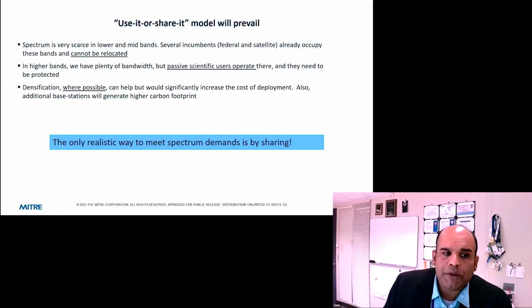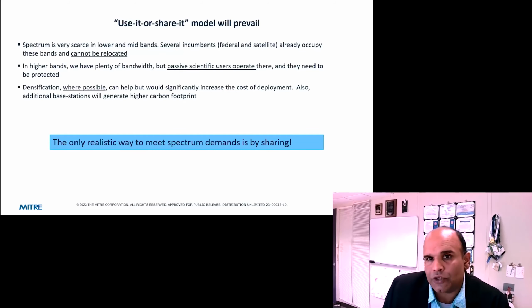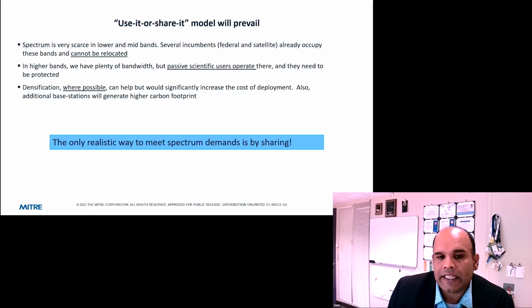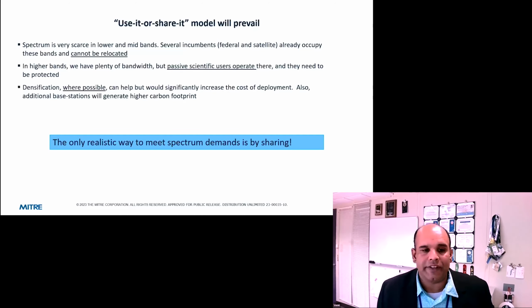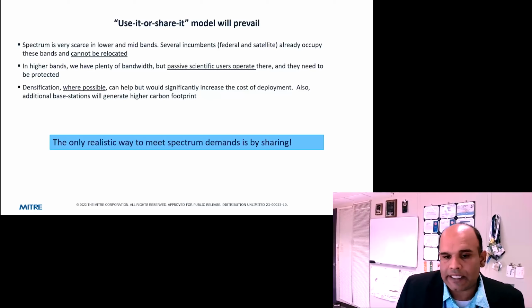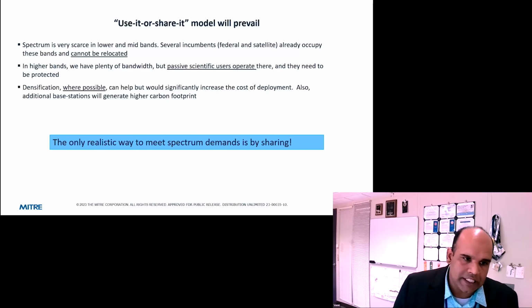And even when you are able to do this, it's also cost prohibitive, and it will also generate a lot of carbon footprint, which is against the target and requirements for next year. Because energy efficiency and sustainability are important factors that we need to consider while designing next generation communication systems.